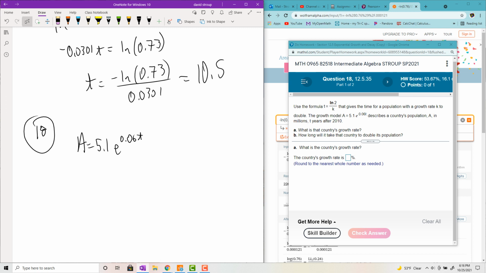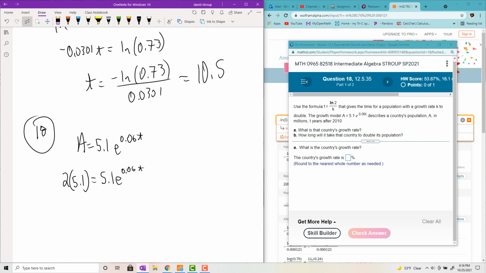And then they're telling you the doubling time if you know the k value. So another way to figure that out, instead of half-life, doubling means it's the time it takes the initial population, which in this case is 5.1, to be multiplied by 2, to be twice as much. So you can solve for t in this case.